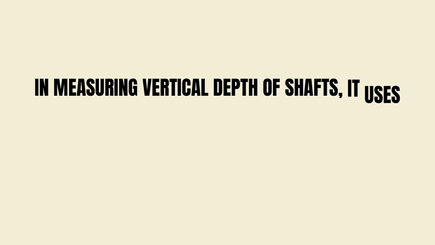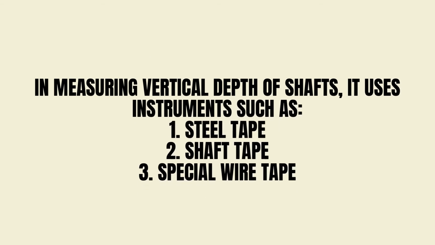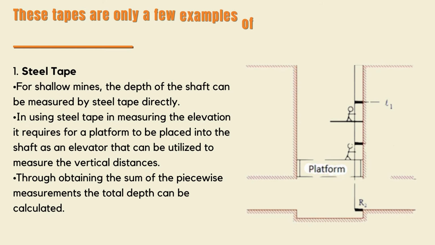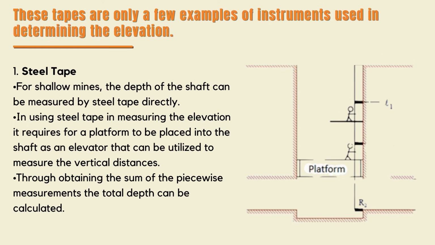In measuring the vertical depth of shafts, instruments such as steel tape, shaft tape, and special wire tape are used. These tapes are only a few examples of instruments used in determining the elevation. Number 1. Steel tape.